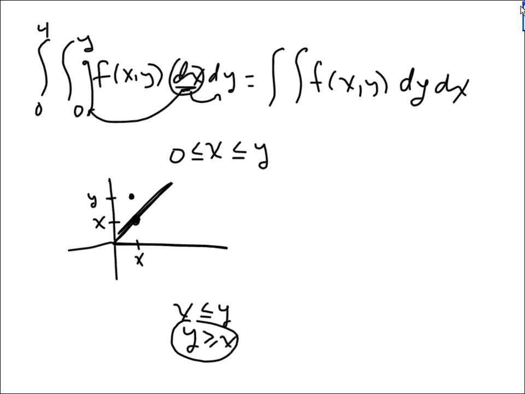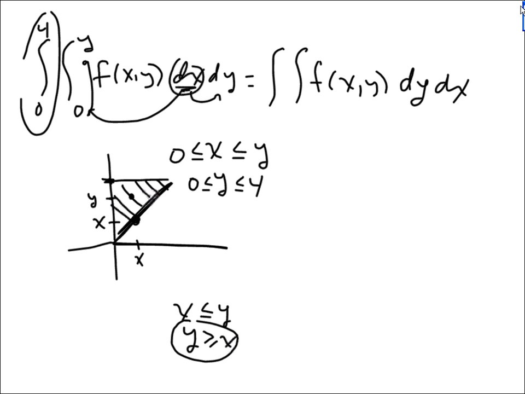That tells me that it's this area above. I should also say that y goes between 0 and 4. That is, it stops at 4. That is the region that we are integrating over.